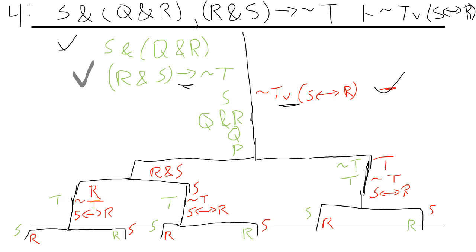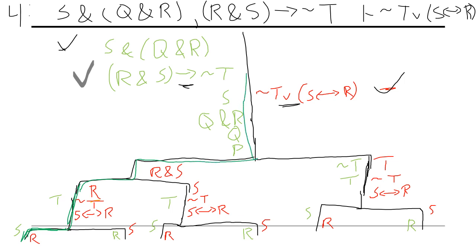Let's go back through and see if we've got any contradictions. Looking at this first one, using green. I thought I was using blue. Let's see. R, S, T. Nothing there.